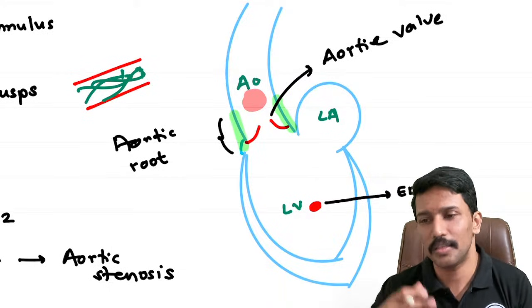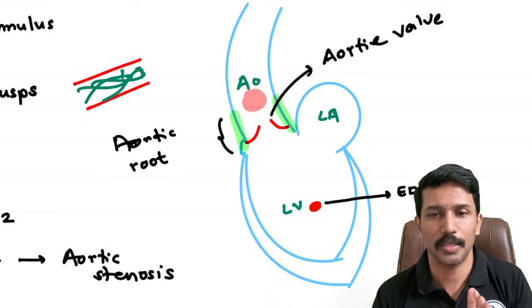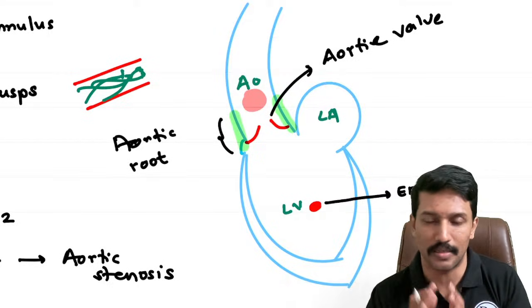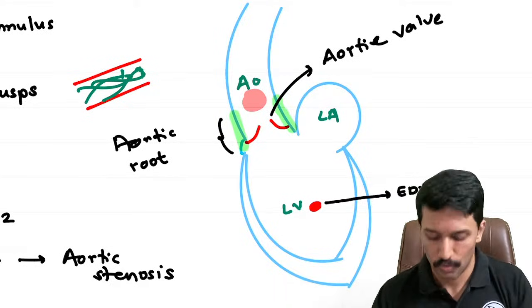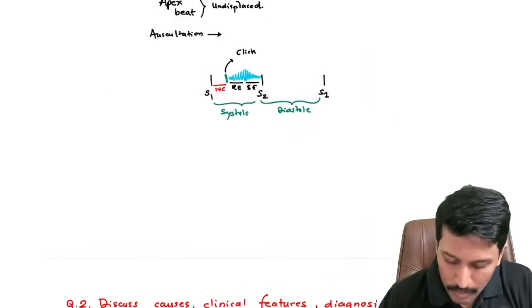Now in the murmur, the teachers expect you to give a description of this increasing and decreasing intensity. The technical term would be crescendo, decrescendo. So what you should write is, you get a murmur.